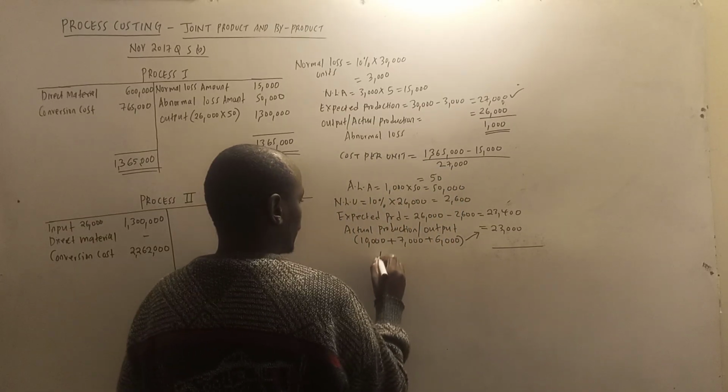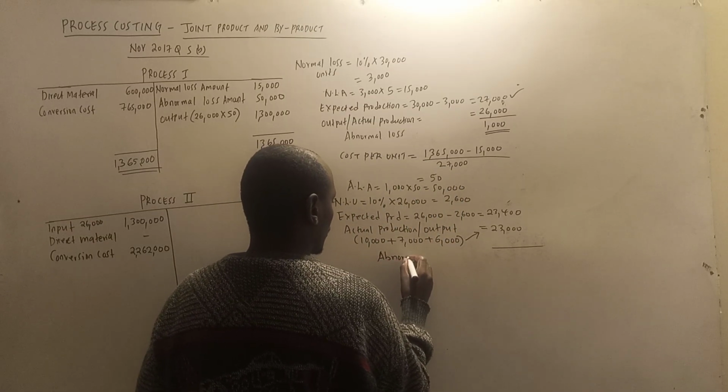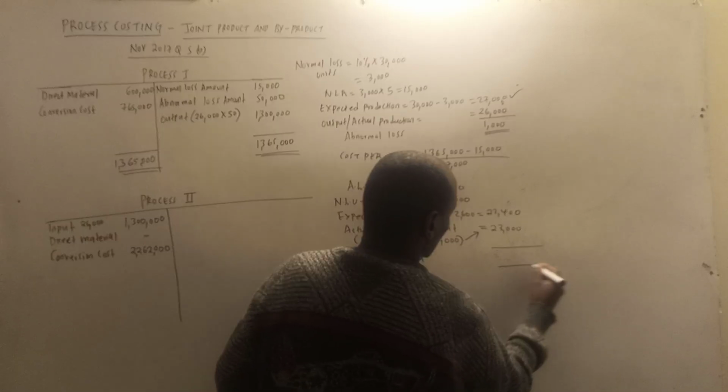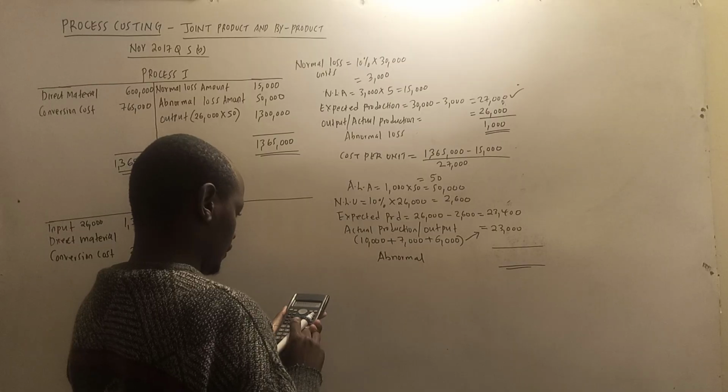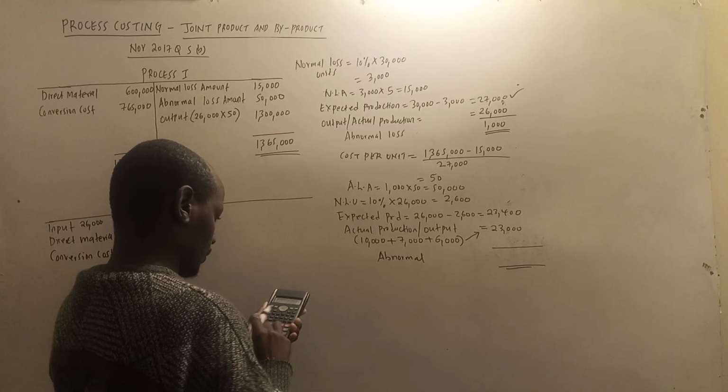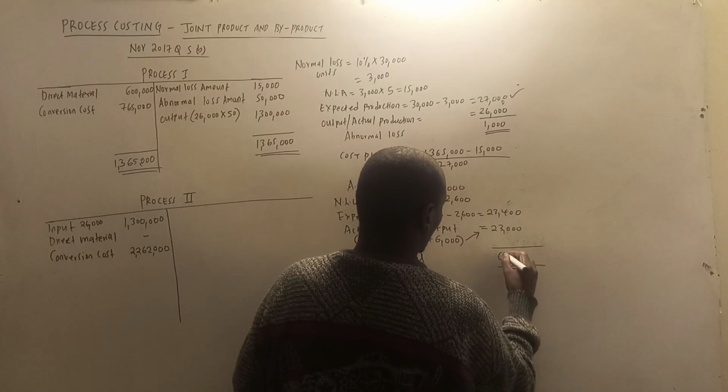Then we either get abnormal gain or loss. So 23,400 minus 23,000, which is 400.